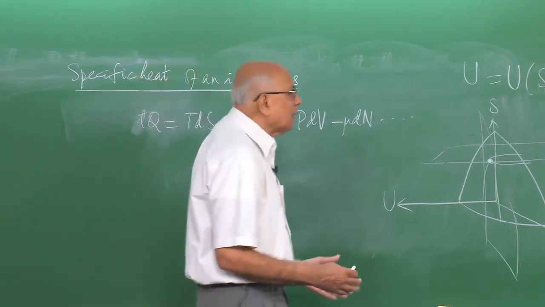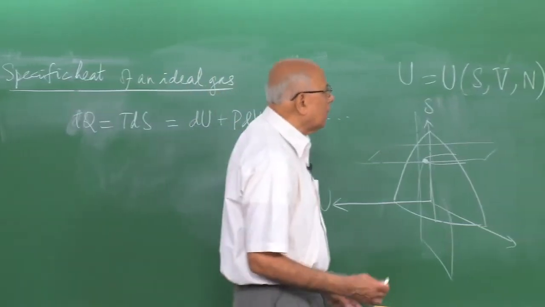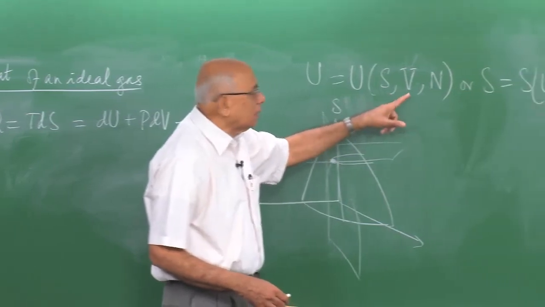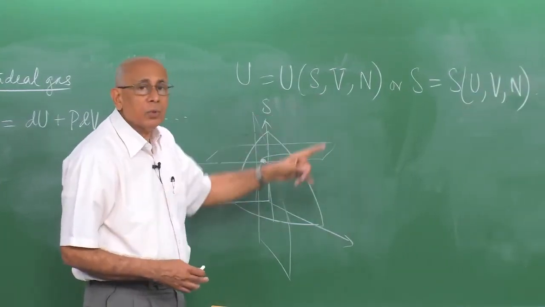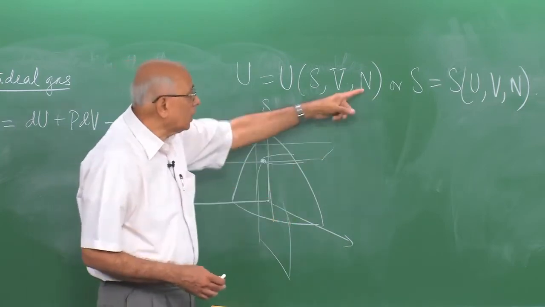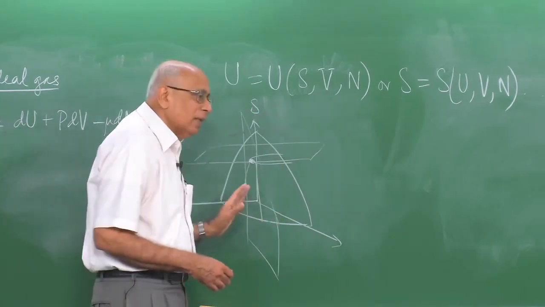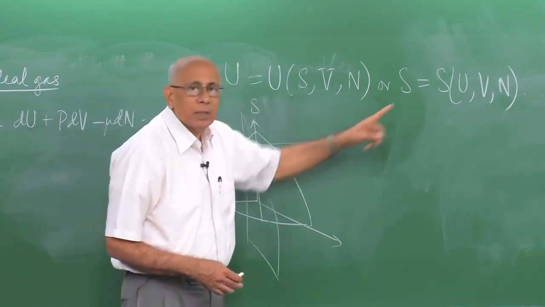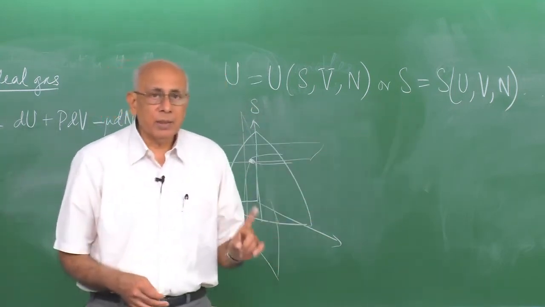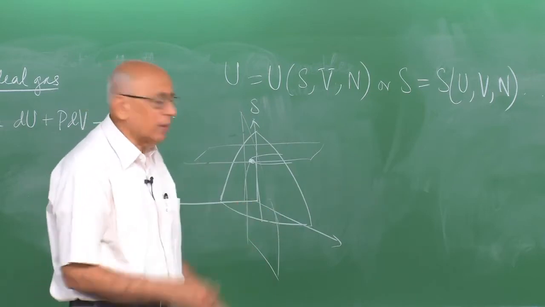Now it depends on the external conditions always. What are the variables? Had I chosen a field variable here instead of a state variable like V, had I chosen pressure here, or had I chosen the chemical potential here, then these things would be different. It is not this quantity that is minimum or this quantity that is a maximum in those thermal states, and I will give an example very shortly.